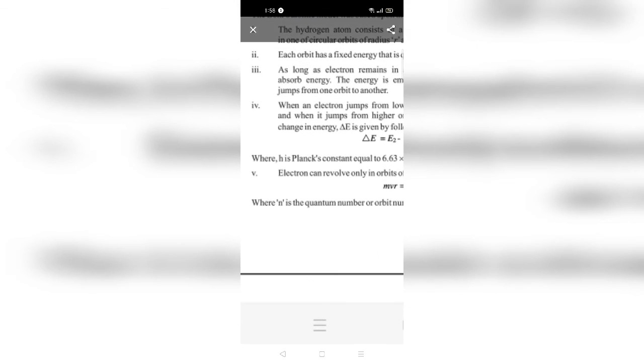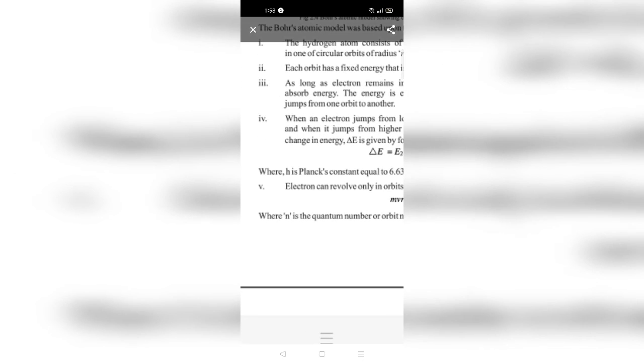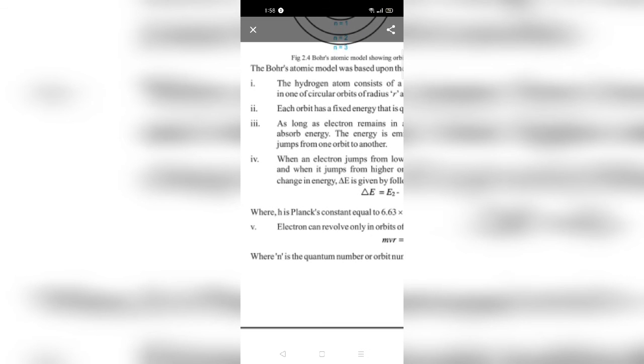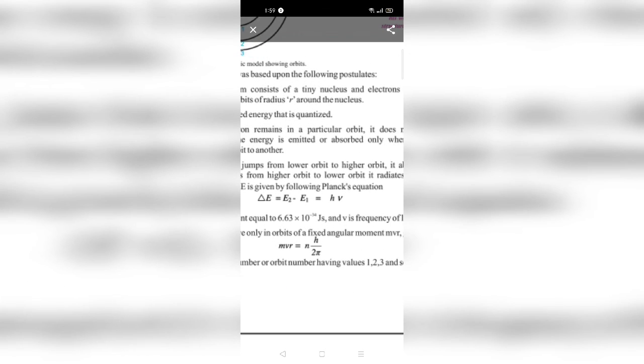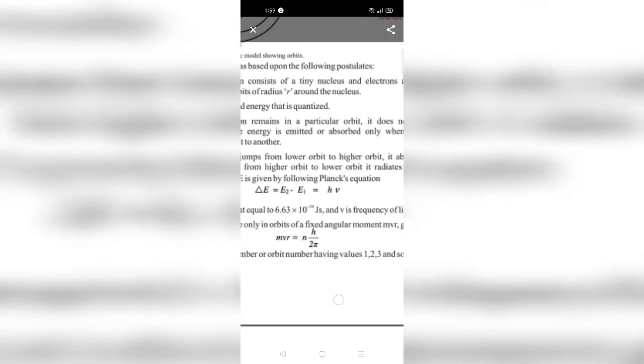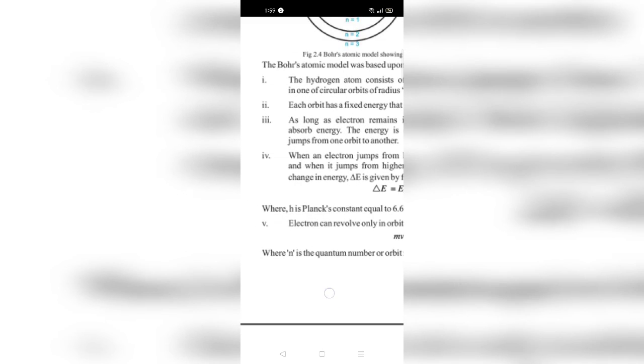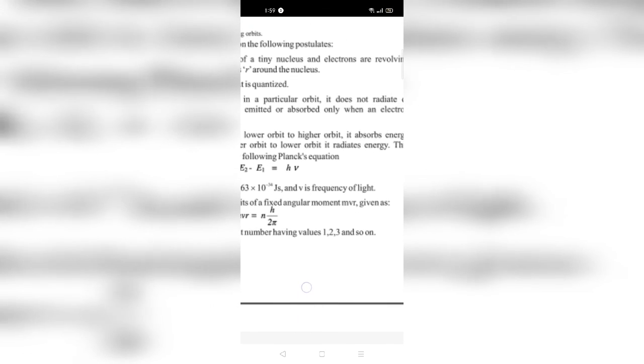Electrons can revolve only in orbits of fixed energy and angular momentum, given as mvr equals nh over 2 pi. Angular momentum means the momentum of the electron as it revolves around the nucleus in an angular path, which depends on the mass and velocity, where n is the quantum number or orbit number having values 1, 2, 3 and so on.